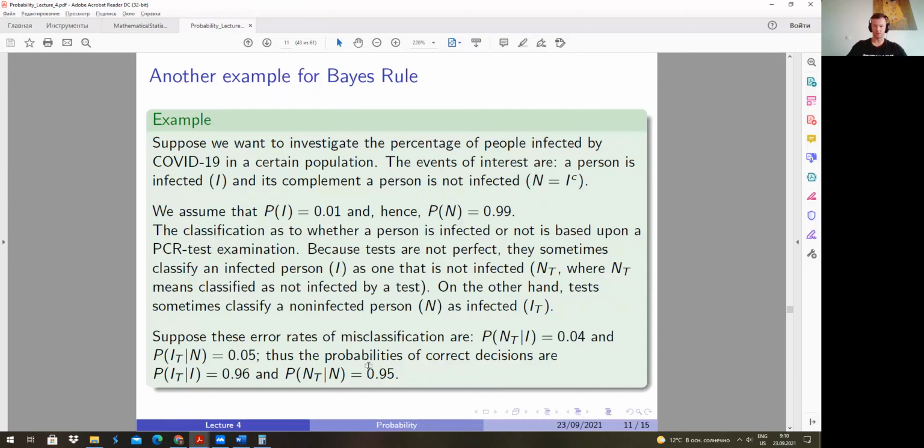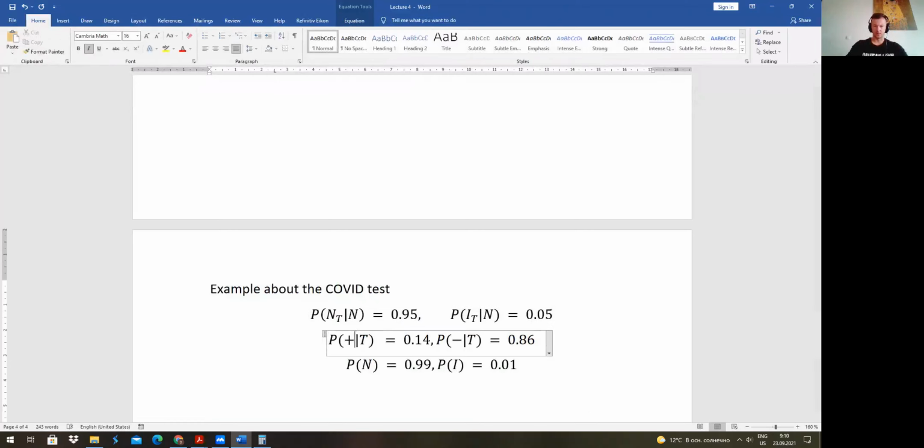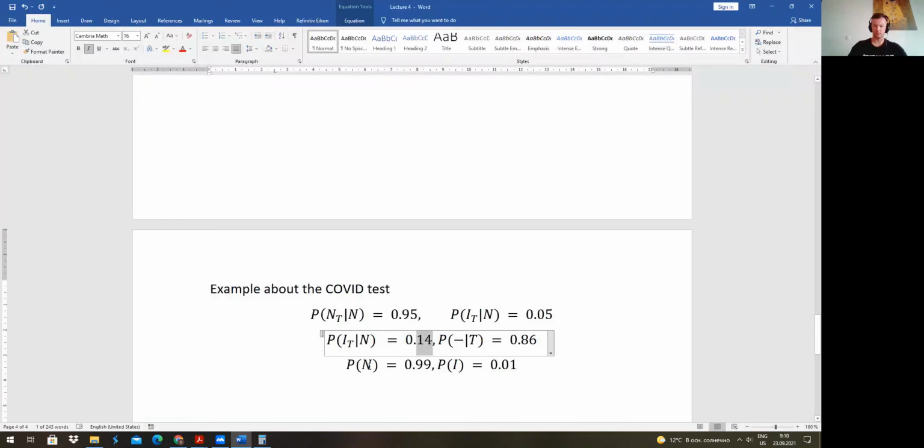Now the probability to show negative results even if the person is not infected, 5. The probability to show positive result even if the person is not infected. Here, the probability to show infected when the person is infected.